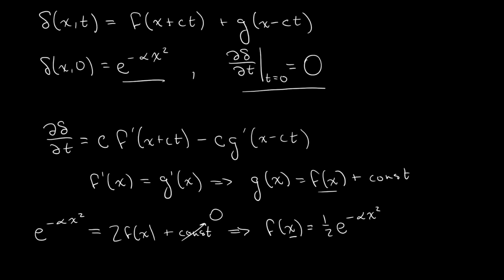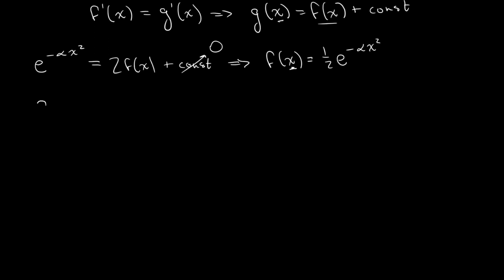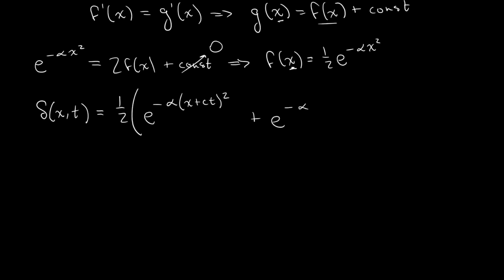So that's f of x, so I know g of x in terms of f of x, and I can just plug x plus ct and x minus ct into this argument to get my solution. That's going to look something like delta of x, t equal to 1/2 e to the minus alpha (x plus ct) squared plus 1/2 e to the minus alpha (x minus ct) squared.